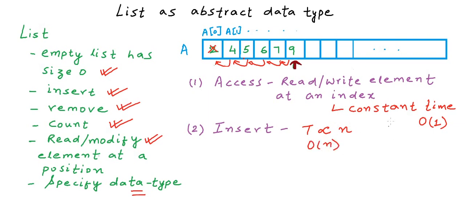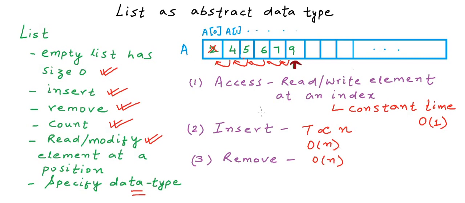If you do not know about big O notation, do not bother. Just understand that inserting an element at a particular position will be a linear function of the size of the list. Removing an element will again be big O of n. Time taken will be proportional to the current size of the list. N is the size of the list here.